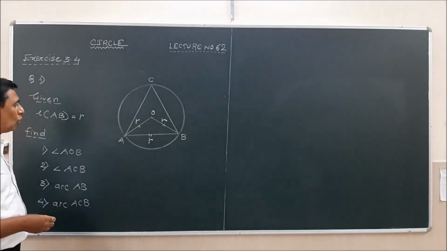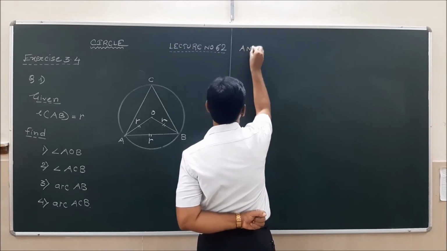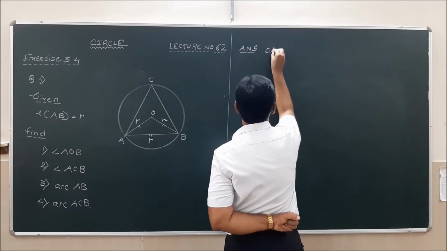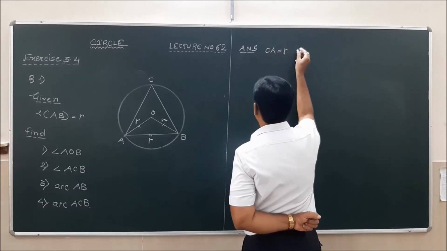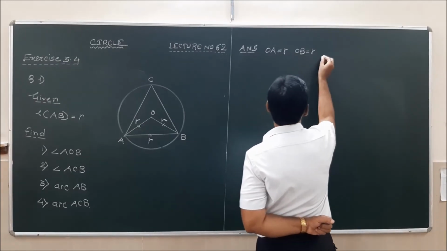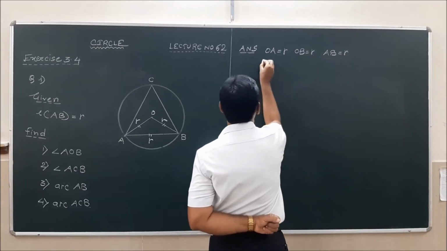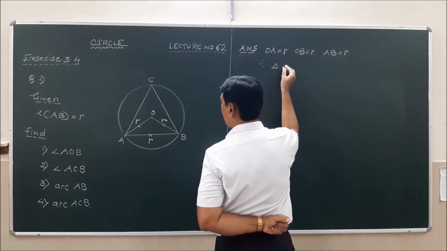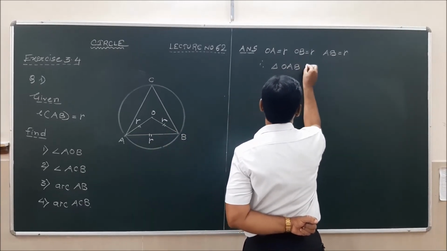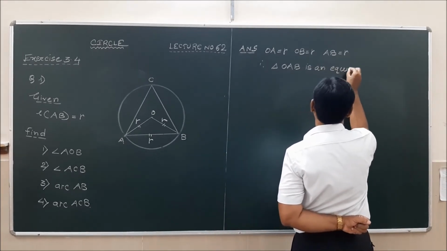Therefore, triangle OAB. Okay, I am going to write the answer now. OA is equal to R, OB is equal to R, AB is equal to R. Therefore, triangle OAB is an equilateral triangle.